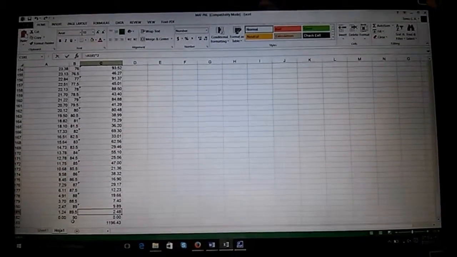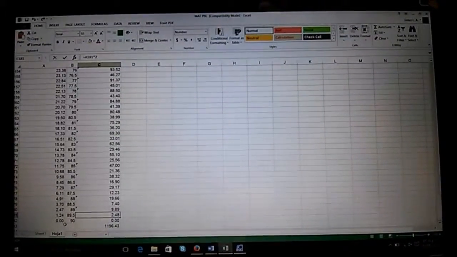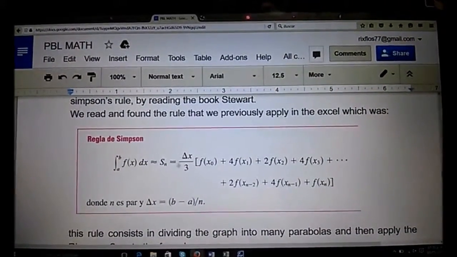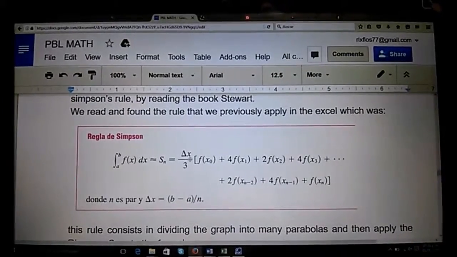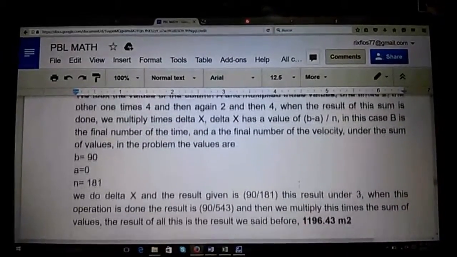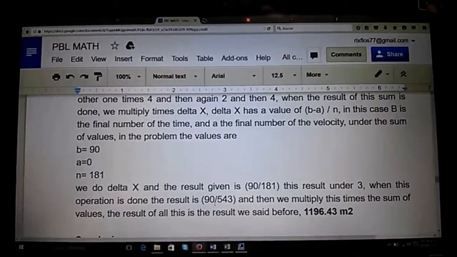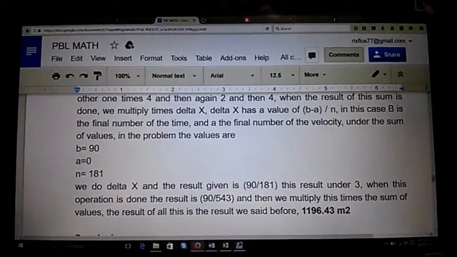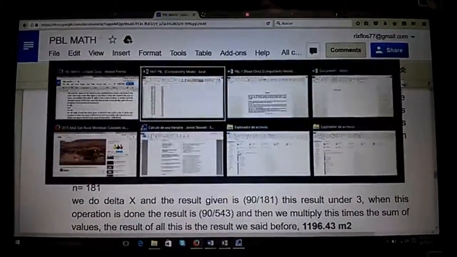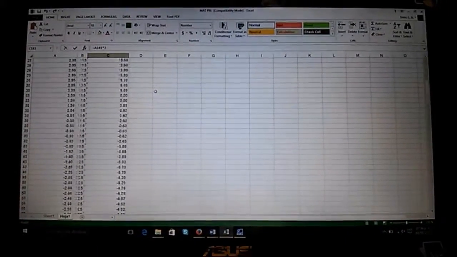So we do 90 minus 0 over 181, and all that is delta x. Then we divide that value by 3, and the result that we have is 90 over 543, and then we multiply this fraction by the sum of the values multiplied times 2 or times 4 or times 2 or times 4.